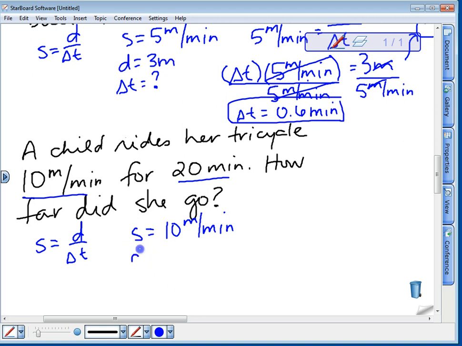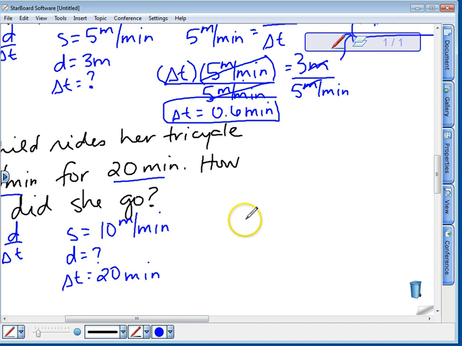My distance, I don't know, that's what I'm asked for, right? How far? My change in time is 20 minutes. So I'm going to plug in 10 meters per minute equals distance, which I don't know, over 20 minutes.